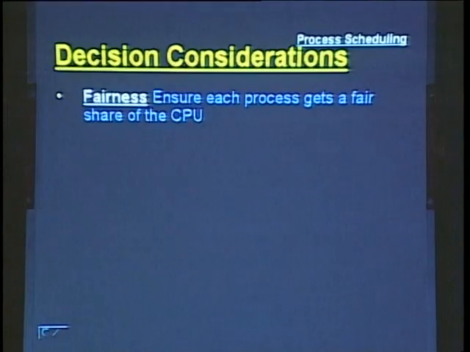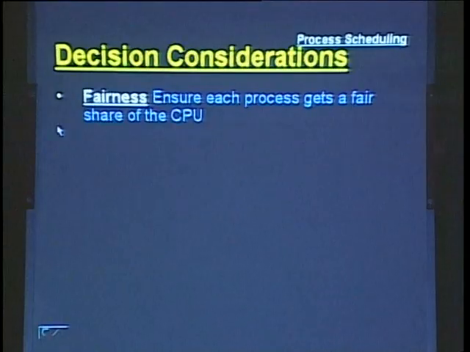And the 5 most important considerations for evaluating an algorithm are: number 1 is its fairness, number 2 is its efficiency, number 3 is its response time, number 4 is its throughput time, and number 5 is its turnaround time. Now, let's look at all these considerations one by one.